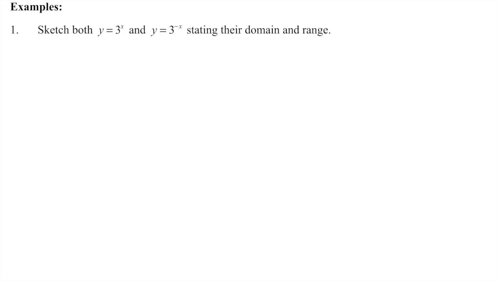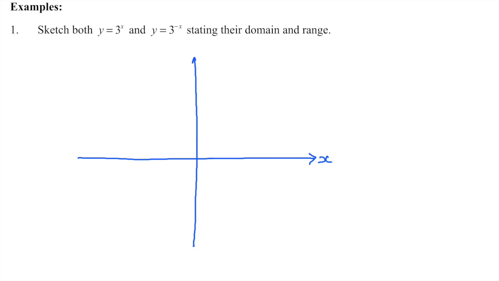So let's get into actually trying to sketch a graph. The first thing we need to do is come up with a set of axes. I'm going to sketch them both on the same graph. So here is my x-axis and my y-axis.